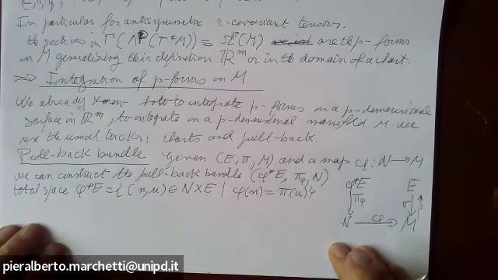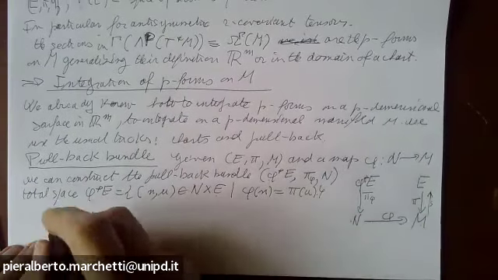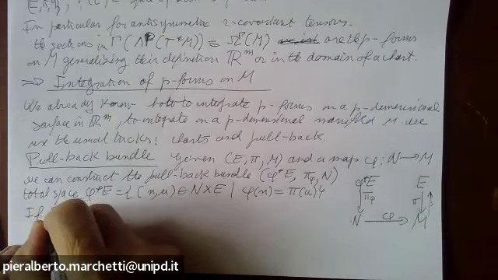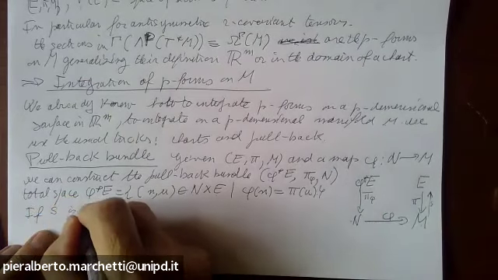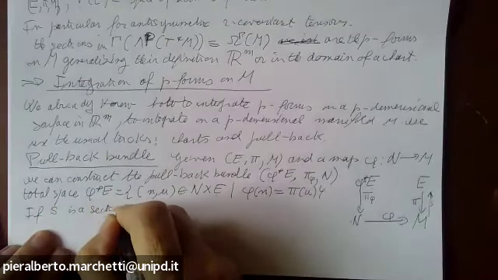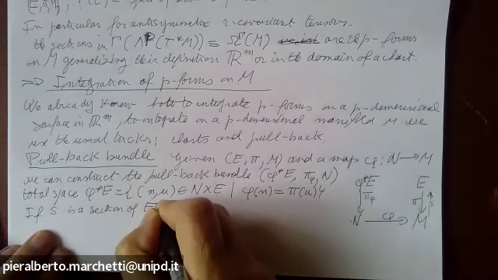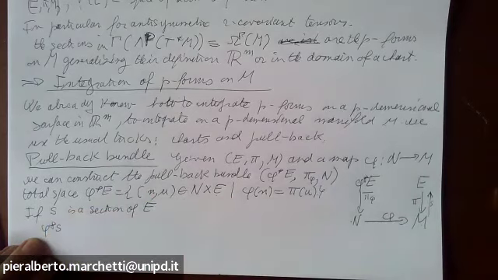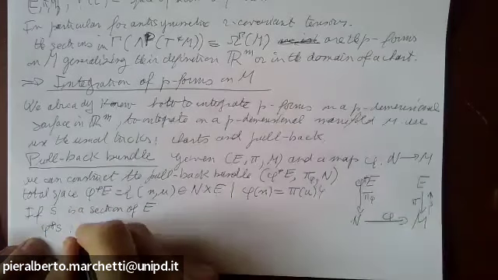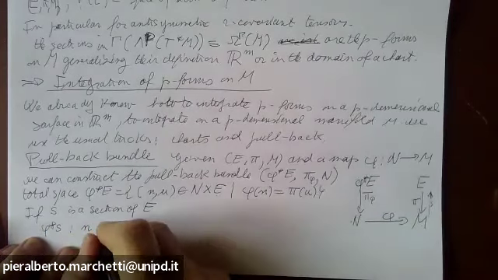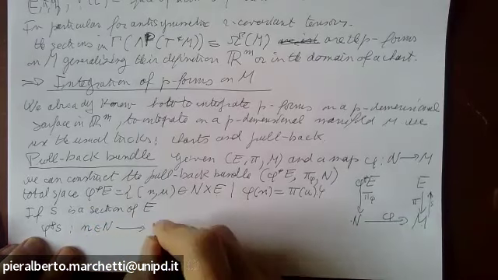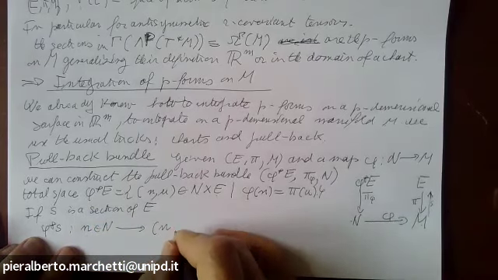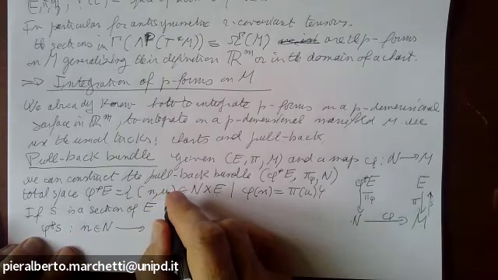Why is this pullback bundle important? Because if S is a section of the original bundle E, you construct a section which is phi star of S, which sends a point n which belongs to N to (n, S of phi of n).